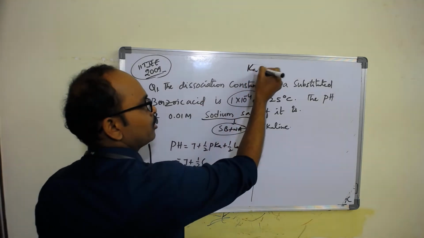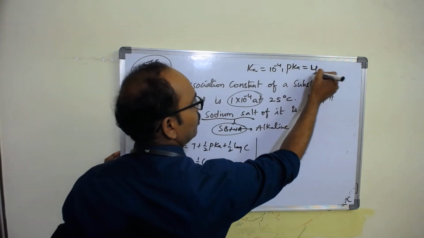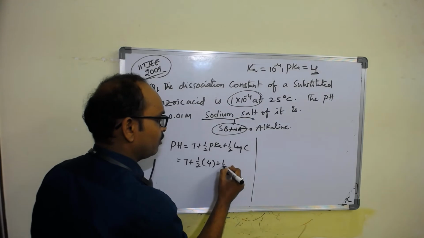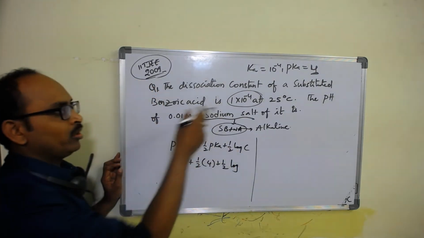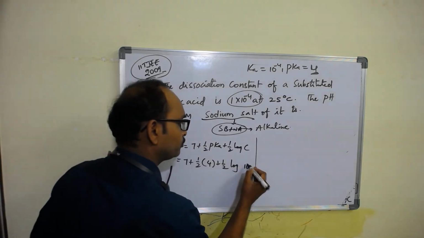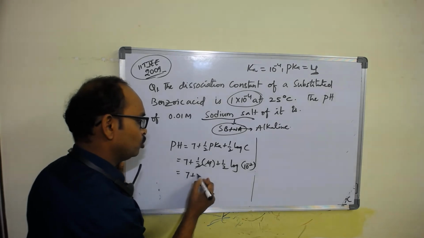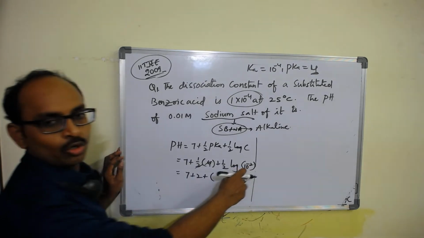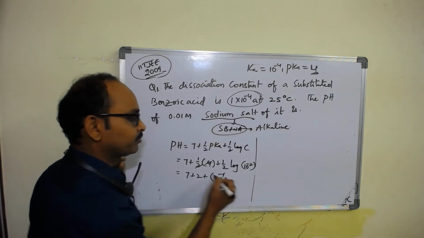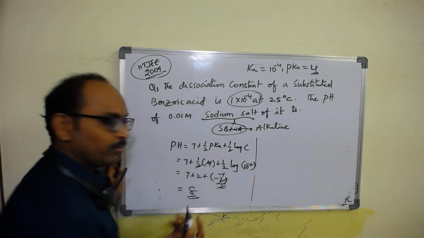If Ka is 10 power minus 4, pKa will be 4. Plus half of log C. The concentration given is 0.01, which means 10 power minus 2. So it is 7 plus 2 plus half of log of 10 power minus 2, which is minus 2 by 2, that is minus 1. 7 plus 2 is 9, minus 1 is 8. pH is equal to 8.